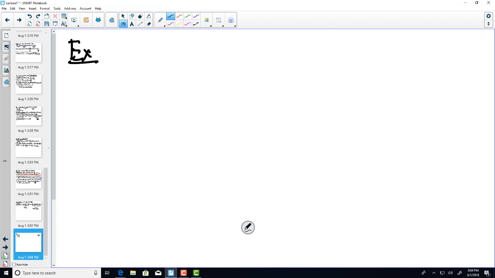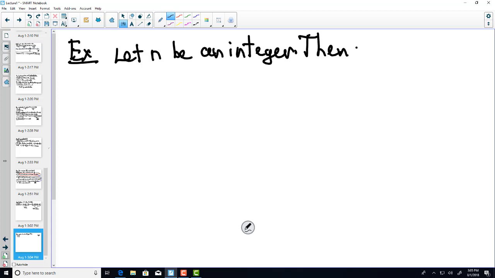So the example is, we suppose let n be an integer and we want to prove that n squared plus n is even.